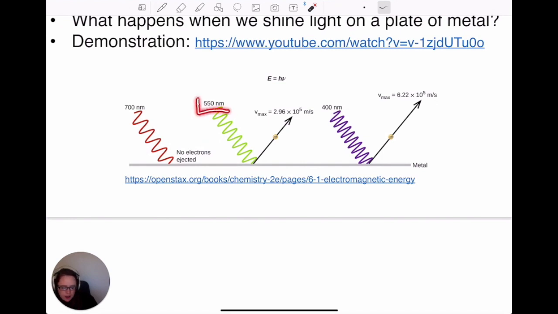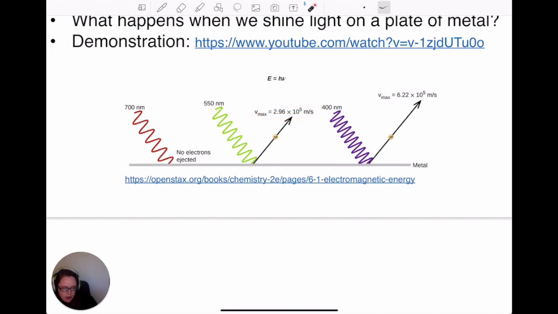If we take green light at 550 nanometers, so maybe this is coming from a laser, and we shine it on the same piece of metal, now we can pop off an electron, and we can measure the velocity of that electron.